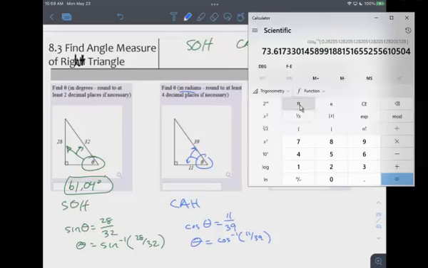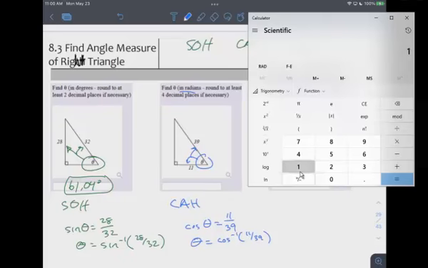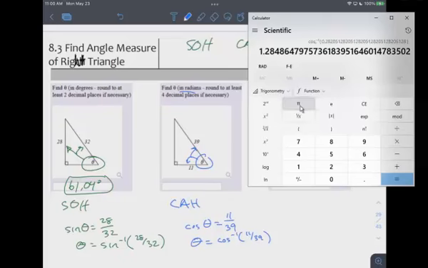Oops, what did I do wrong? I did it right after I warned you guys. This is not in radians. 73.62 is the correct answer if it was in degree mode, but it's in radian mode, so let me redo that. I take 11 divided by 39, and I take the inverse cosine, and I get 1.2849, and that would be my radian measure.